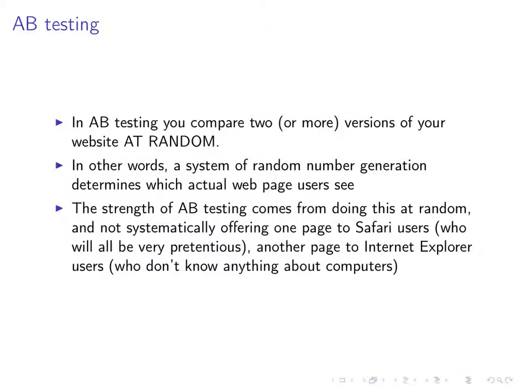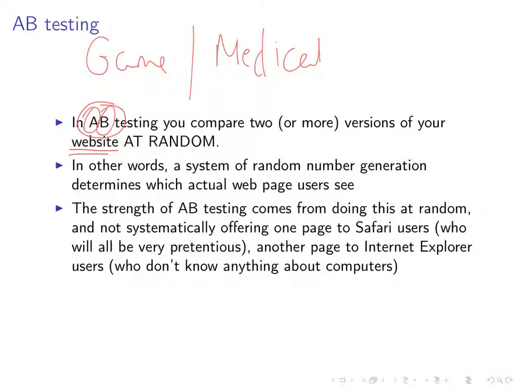We're not going to do anything quite so complex. What you're very likely to meet is something to do with A/B testing or a variation on that. A good example: you compare two or more versions of your website, your game, your medical treatment, and the idea is you allocate subjects to one or other group at random. This is happening all the time on the web.